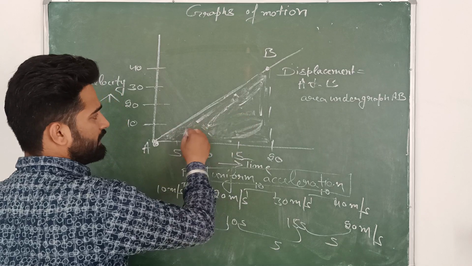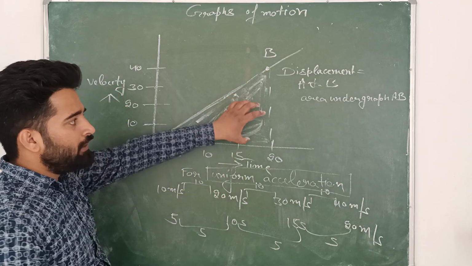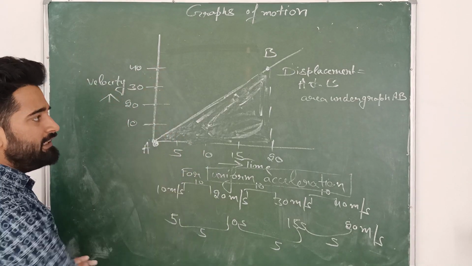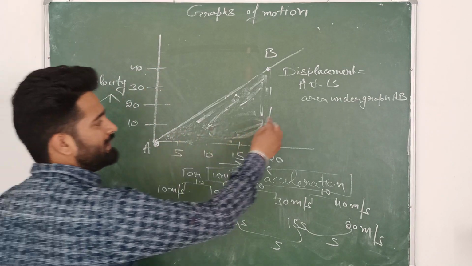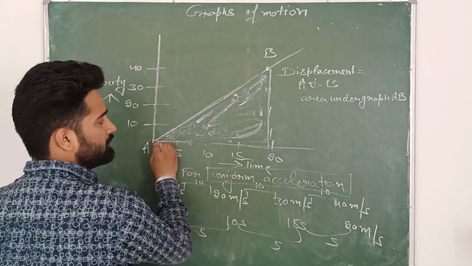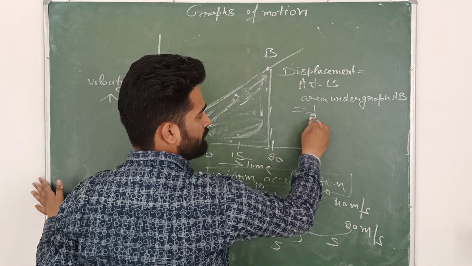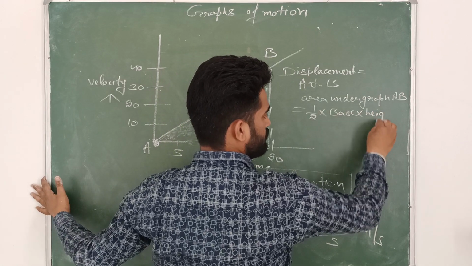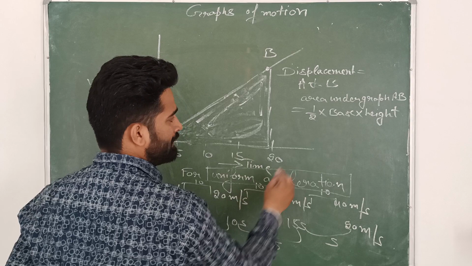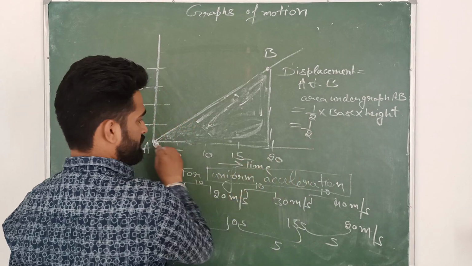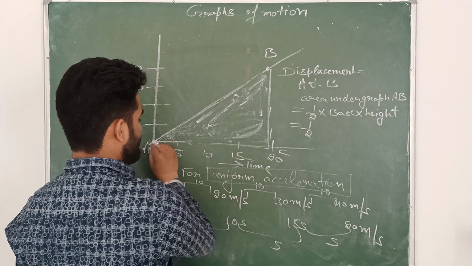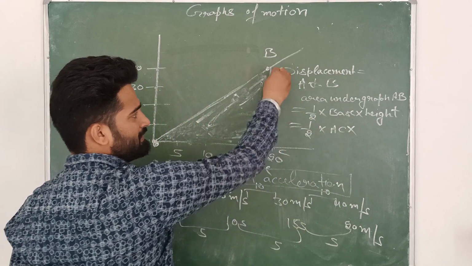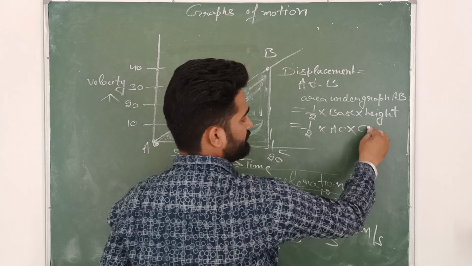You have to calculate the area under graph AB if you want the displacement, because velocity is changing continuously here. So how will you calculate the area? This is the shape of a triangle, so the formula is 1/2 base into height. The base of this triangle is AC, the height is CB.